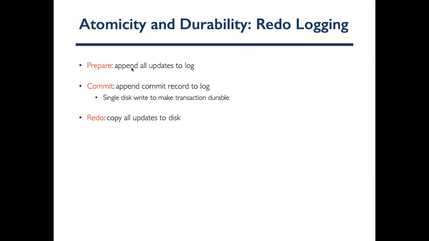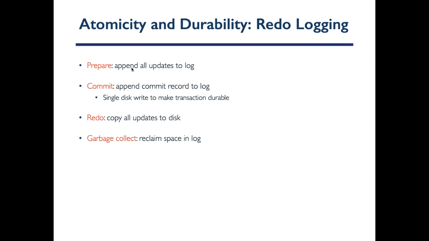Because you've already written your changes in a log. Now you take them from the log and permanently write them to your actual disk and data. And then you garbage collect your log file. You remove all the logs that you have. These are the 4 steps for redo logging.